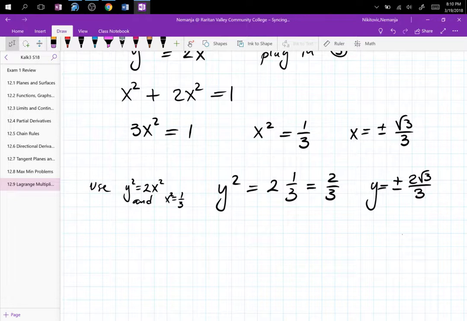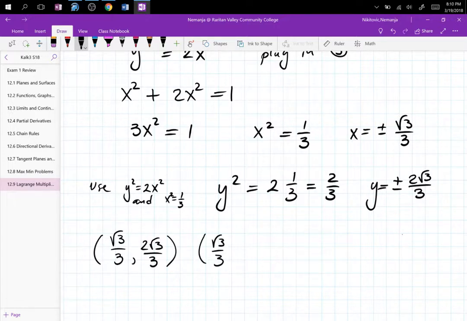Yay! What do I have? How many points do I have? 4. I have 4 points. Root 3 over 3, 2 root 3 over 3.